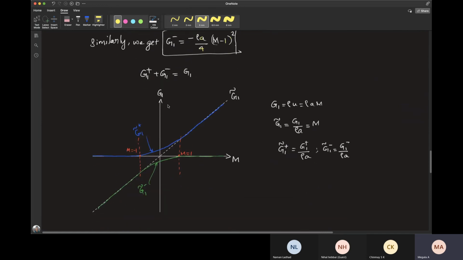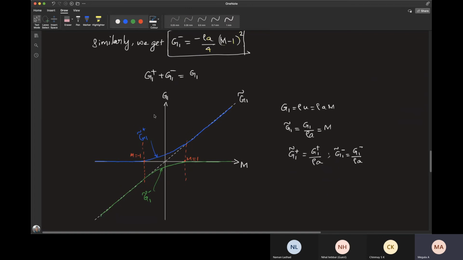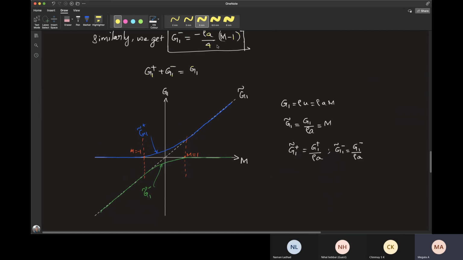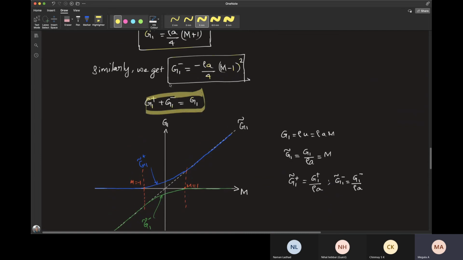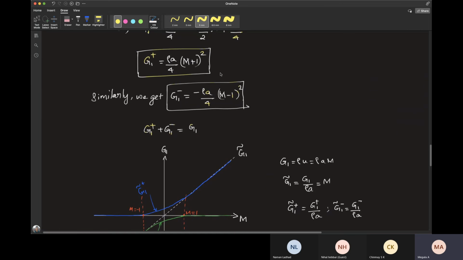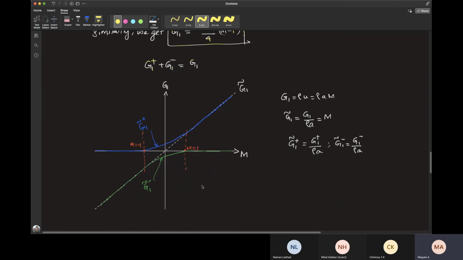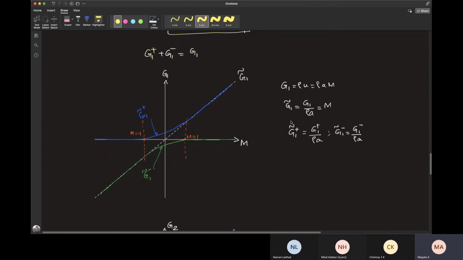Now let us look at it pictorially. What have we actually done over here? We know that G1 plus plus G1 minus is going to be G1. This is the same that we have seen from earlier on, and even for Van Leer's conditions it holds. The condition G1 plus plus G1 minus equals G1 holds. Before that, we'll make a small variable change.